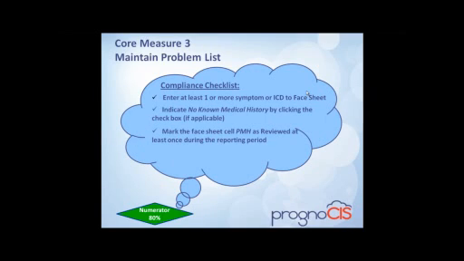We also want to make sure that we are marking our face sheet cell past medical history as having been reviewed at least once during the reporting period. And then finally, we want to make sure, if we're the provider, that we are selecting that MH checkbox on our assessment screen when we enter our ICD code, and that will ensure that we are also being compliant with the audit conditions of this measure.